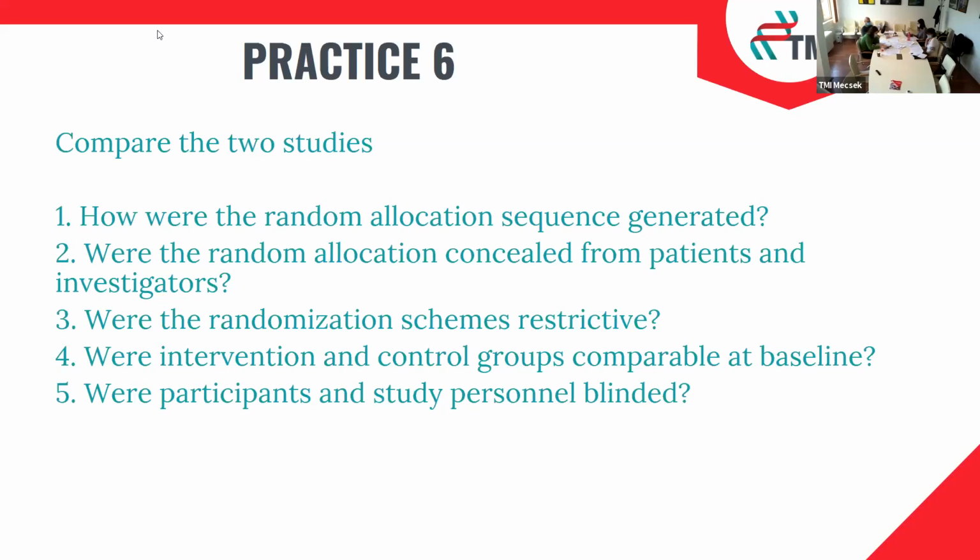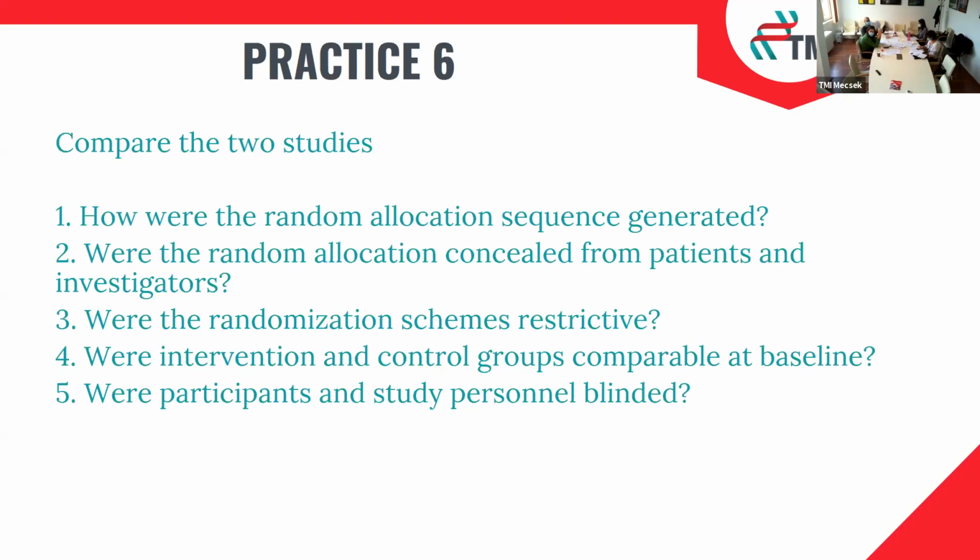Yes, for question number 1, we have the following answer. In one of the cases, the randomization was performed with the use of a computer-generated sequence with a block size of 9. And in the other case, the randomization was generated by an independent biostatistician who performed the whole thing using the RELOC module in STATA v14.